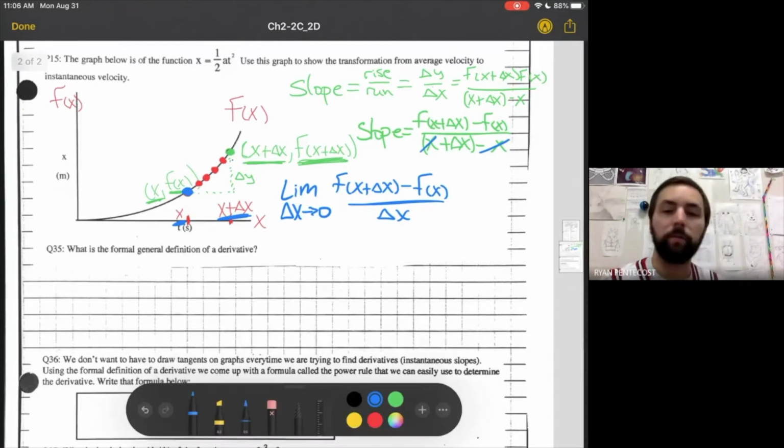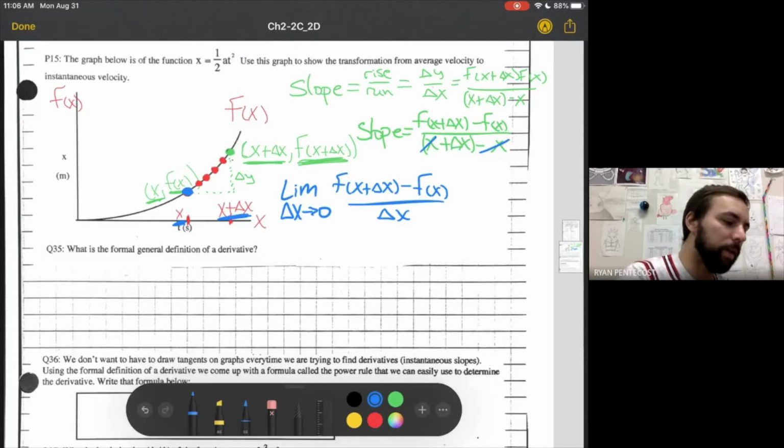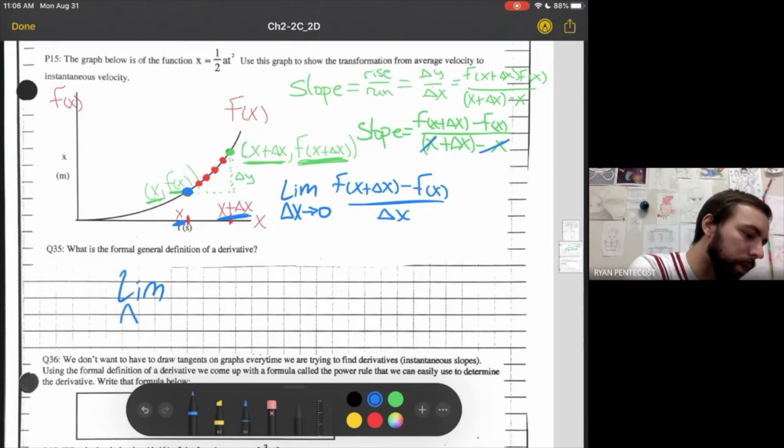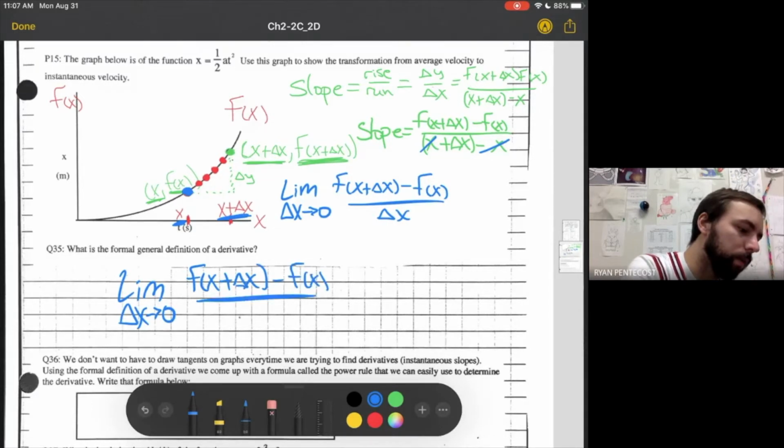This is actually the formal general definition of a derivative. The definition of a derivative, formally and all that fun stuff, is the limit as delta x approaches 0 of f of x plus delta x minus f of x all over delta x.